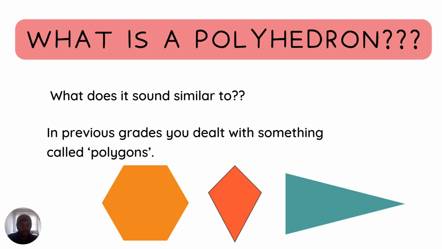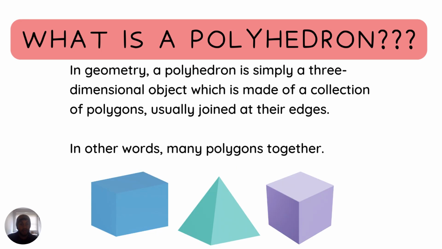And in previous grades, you dealt with polygons. Okay, familiar? Yes. Now, a polyhedron in geometry is simply a three-dimensional object which is made of a collection of polygons. So it's usually joined at the edges. So, in other words, in simple terms, if that confused you a bit, it's many polygons put together.